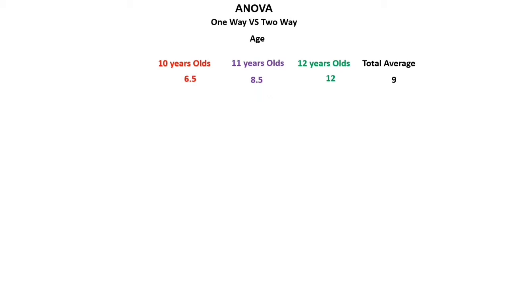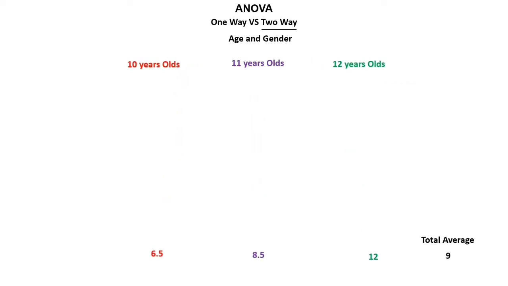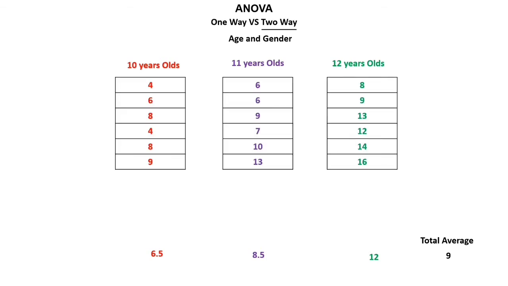Now in a two-way ANOVA, it's different. It's more complicated. Just imagine, I want to analyze this data by age and by gender. Now, let's put back our data of 10-year-olds, 11-year-olds, and 12-year-olds.